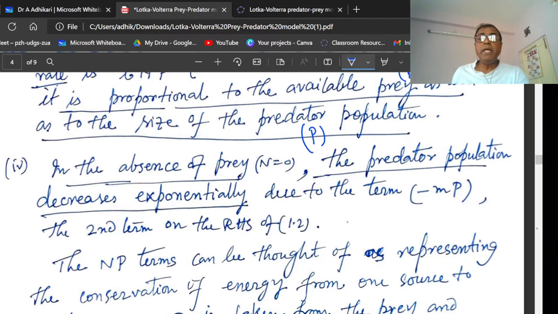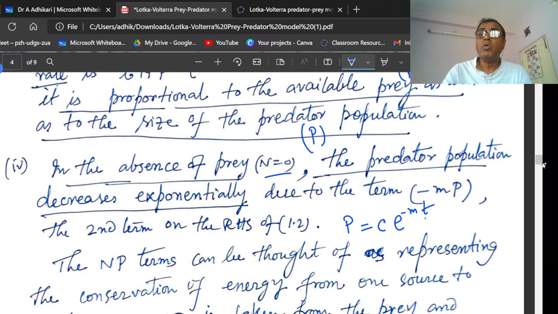So P is equal to some constant times e to the power minus mt. So when t goes to infinity, P tends to 0 in the absence of prey.